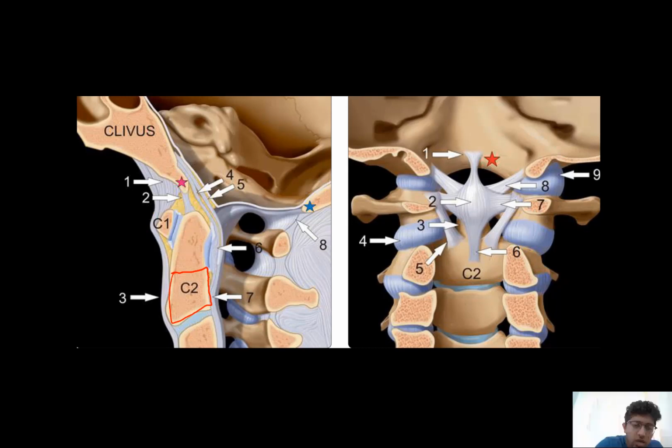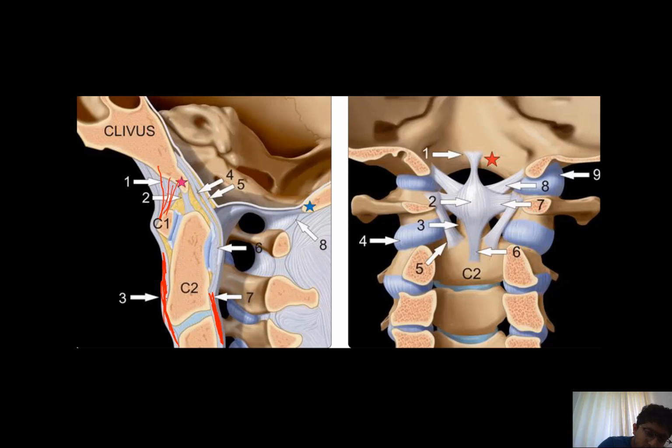Now there are some important ligaments which are running across. The most common ligament that we all know is, from the C2, a ligament runs downwards called the posterior longitudinal ligament. Anteriorly we have the anterior longitudinal ligament. Now there is also a ligament which is coming from the occipital bone to the ventral arch.